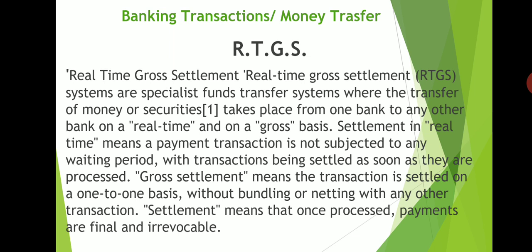So no time gap or no buffer time is there in RTGS. Settlement in real time means a payment transaction is not subject to any waiting period. So there is no waiting time in RTGS.